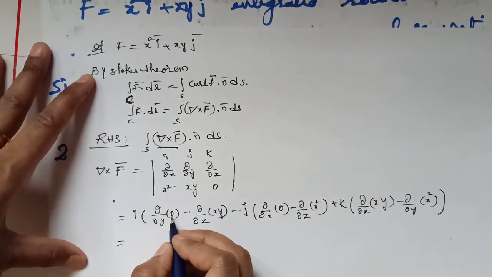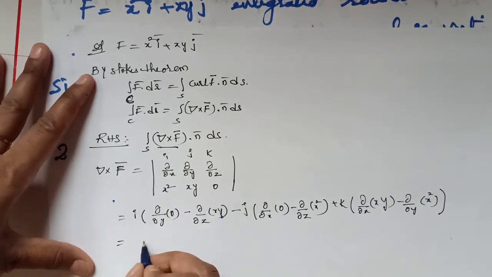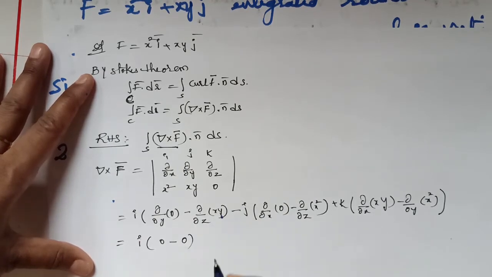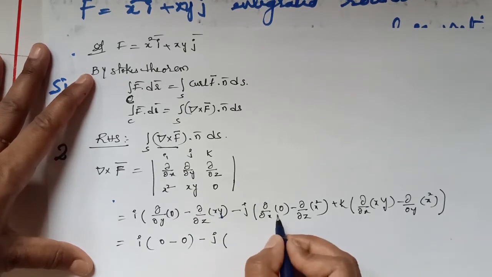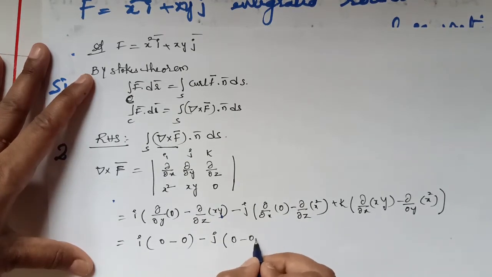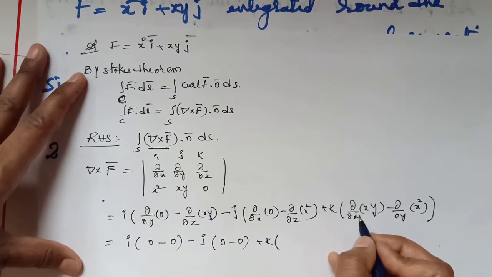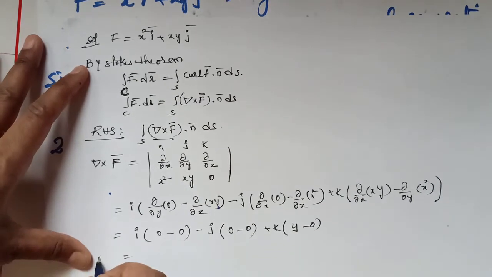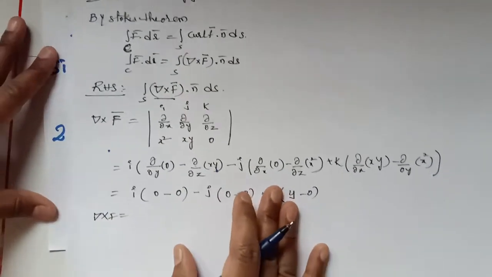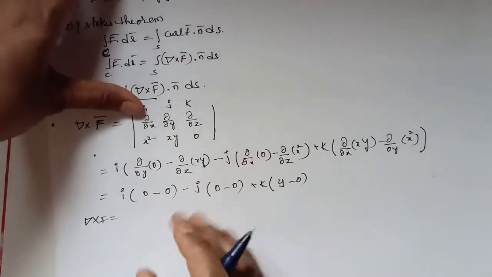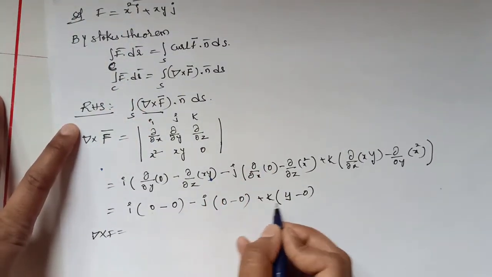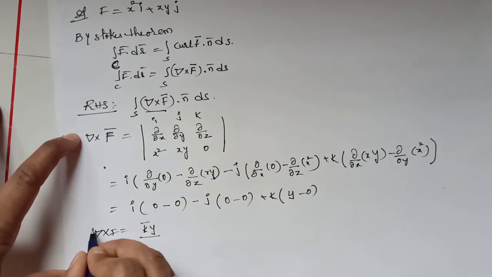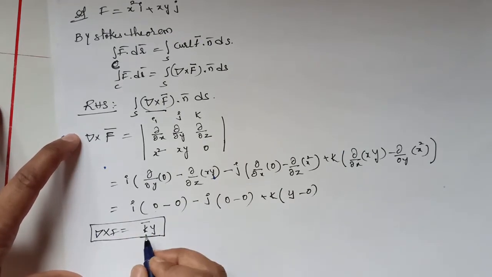Dou by dou y of 0 is 0, and you don't have any z term in xy, so that is also 0. For j, you don't have any z term, so 0 minus 0. For k, differentiating with respect to x you get y minus 0. So del cross f is equal to y k bar.